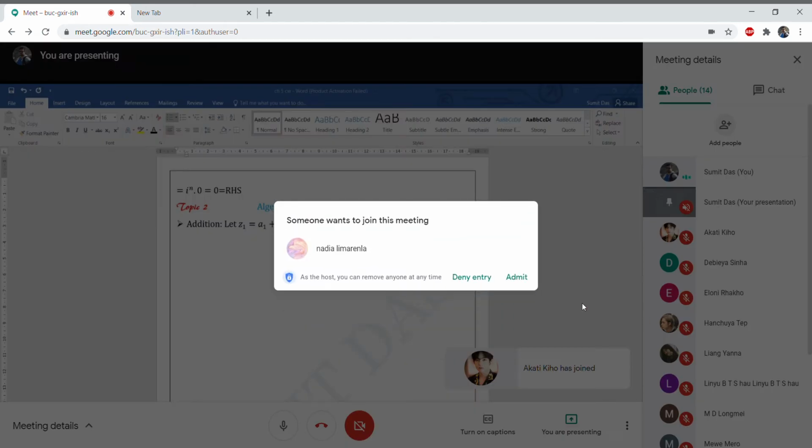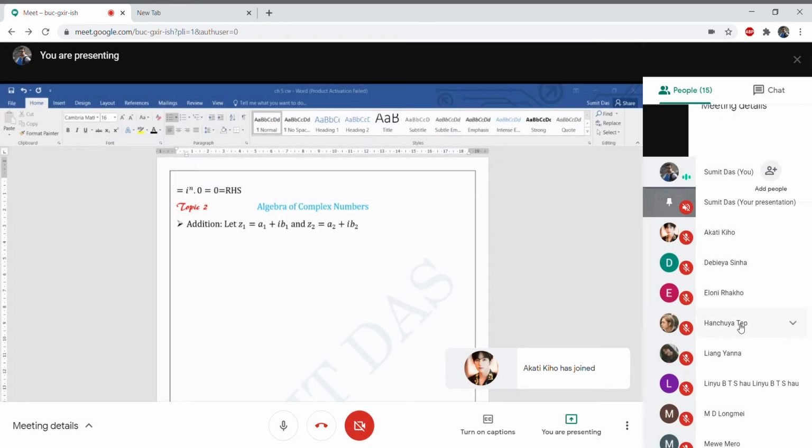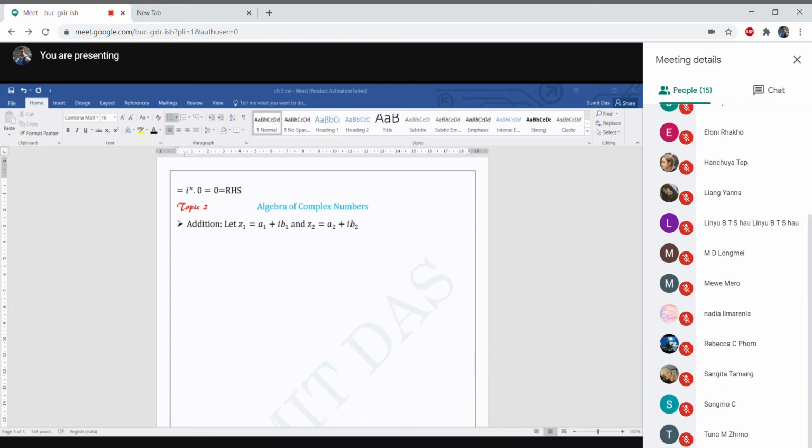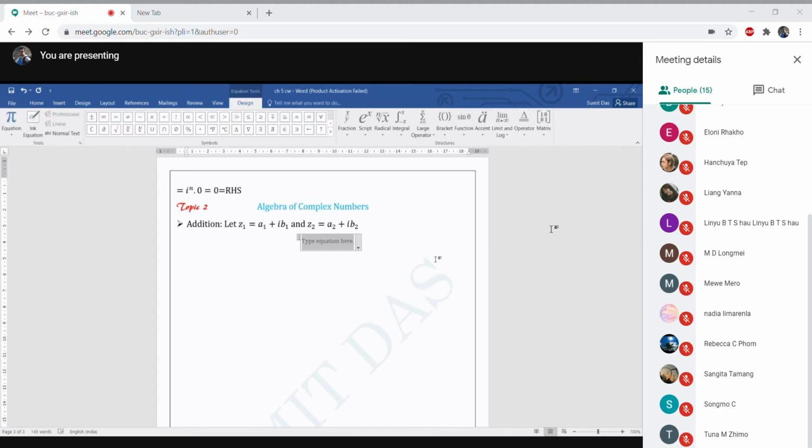Okay, how to add these two complex number? So addition will be, so I'm representing this number again with another number. Suppose z equal to z1 plus z2.